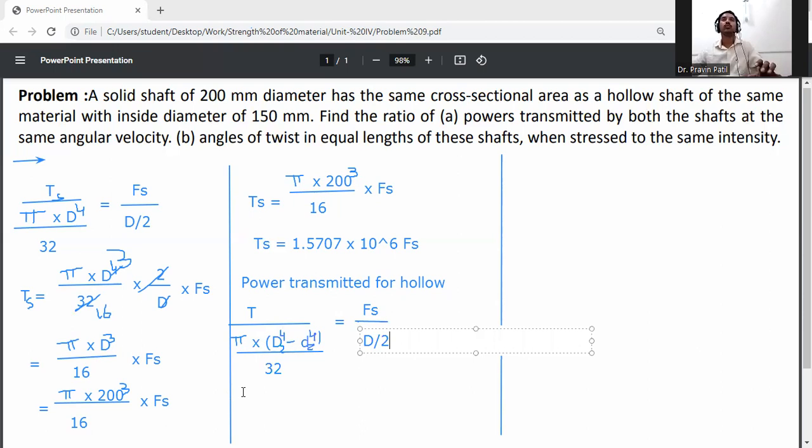Okay. So this one is for hollow, so that's why you denote it by Th, small Th. Okay. So small Th is equal to pi.